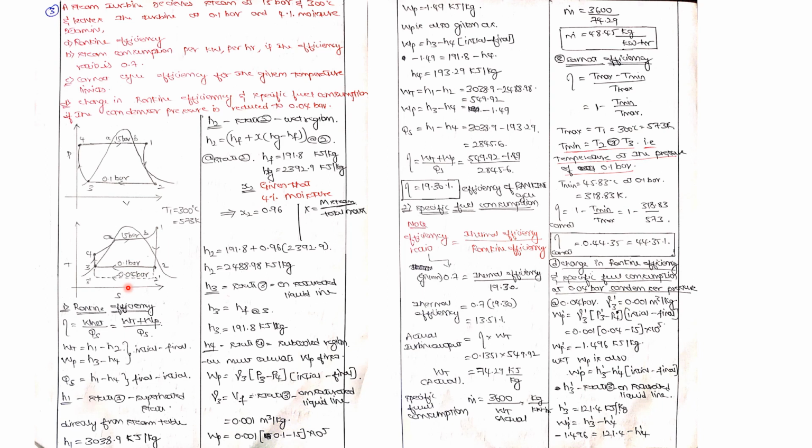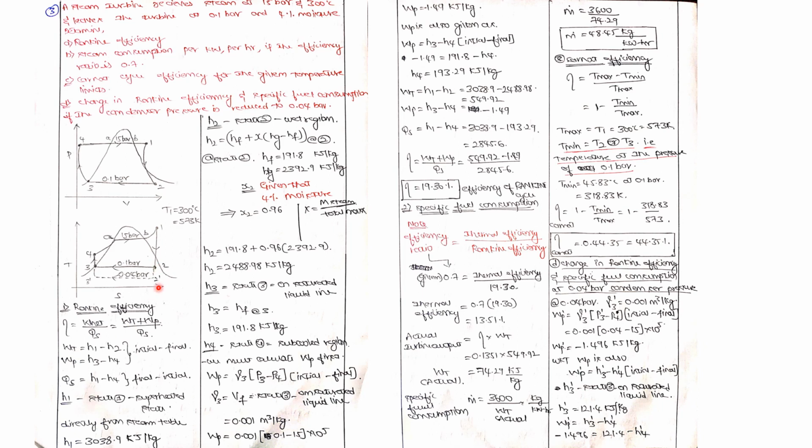Now, first we shall consider the condenser pressure to be 0.1 bar and calculate our Rankine efficiency, similar to the problems we discussed previously. Efficiency is given by net work output divided by heat supplied. Net work output is the turbine work plus the pump work. Turbine work is initial minus final, so initial is H1, final is H2: H1 minus H2.